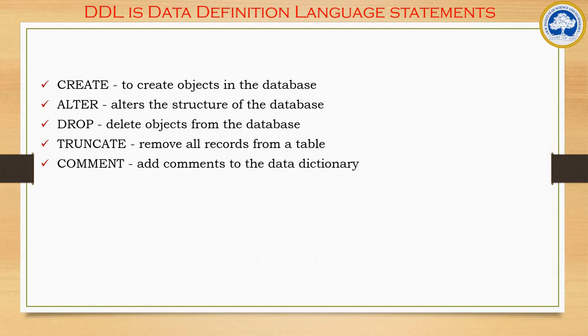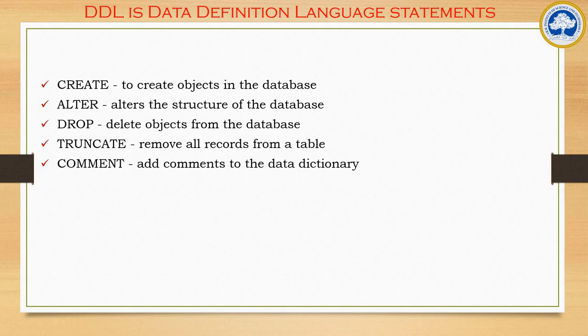This is not relevant to the updation of the data. Many students get confused between alteration and updation. Alteration is defining the structure of the table, altering the structure. It's not relevant to our content.